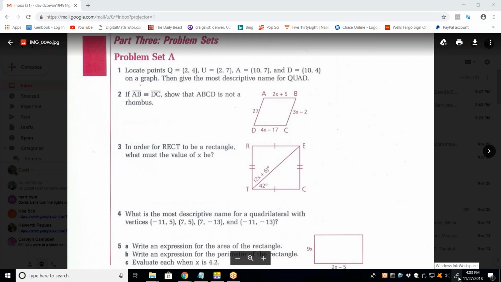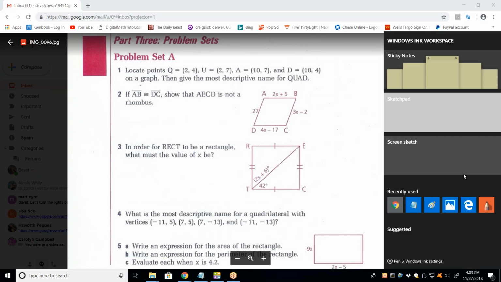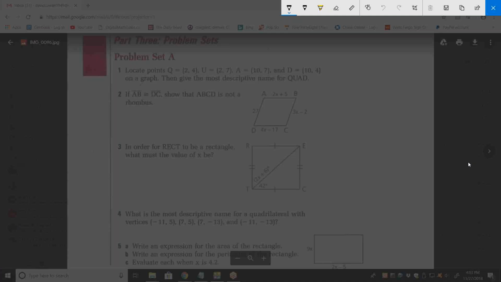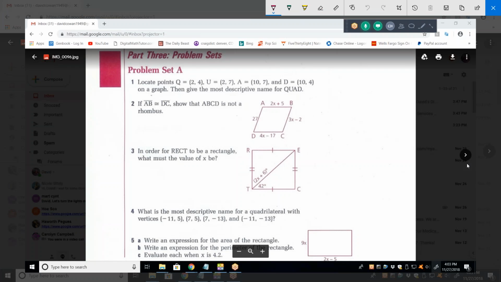Let's, you might be able to figure this out without drawing it, but I'm not good enough to be able to do that, I don't think. 2, 4, 2, 7. Okay, at least we have a vertical line.